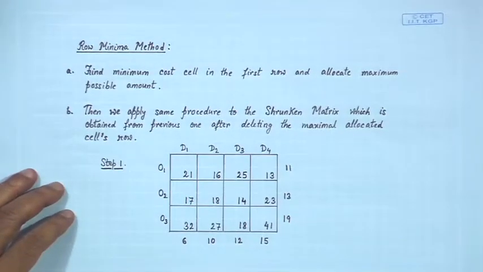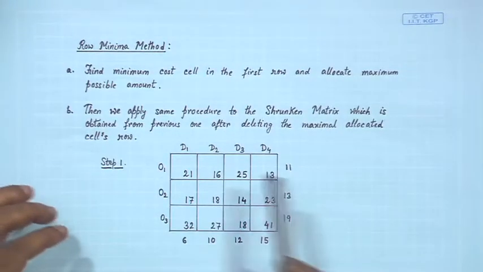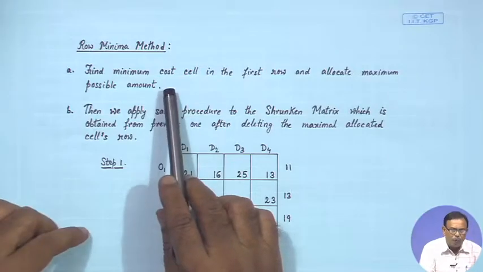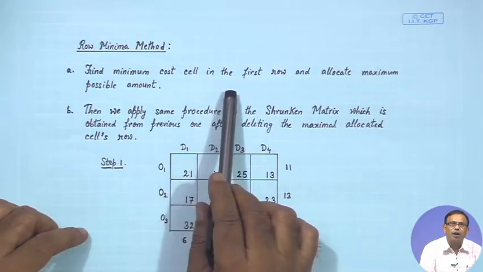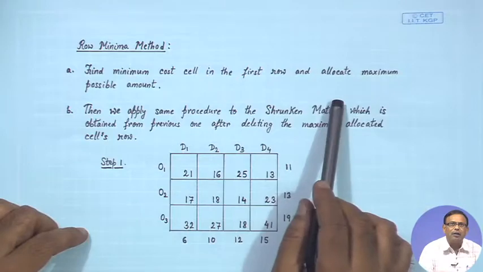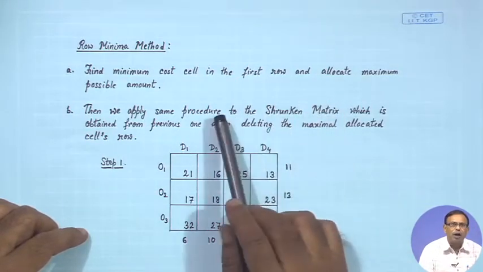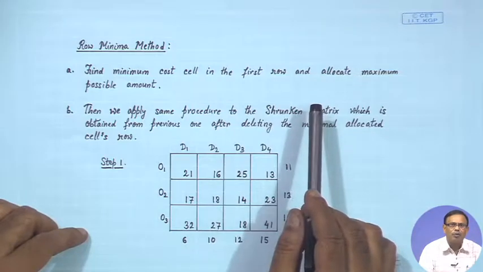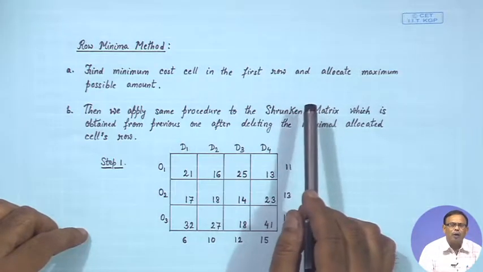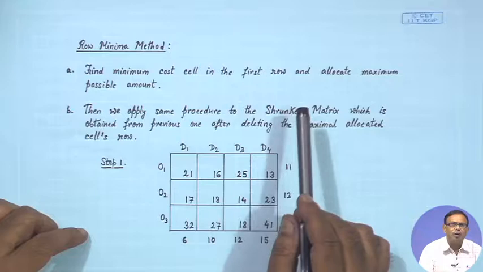The next method is the row minimum method. In this case, we will find the minimum cost cell in the first row and allocate the maximum possible amount, that is, the minimum of a i comma b j.